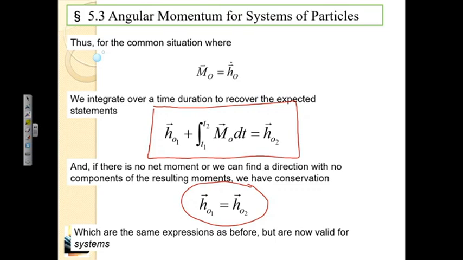So if I wanted to look at how does this thing change, my m's can cancel. My omega 2 is equal to R1 squared over R2 squared omega 1. As I change that radial position, this thing's going to speed up or slow down, right?